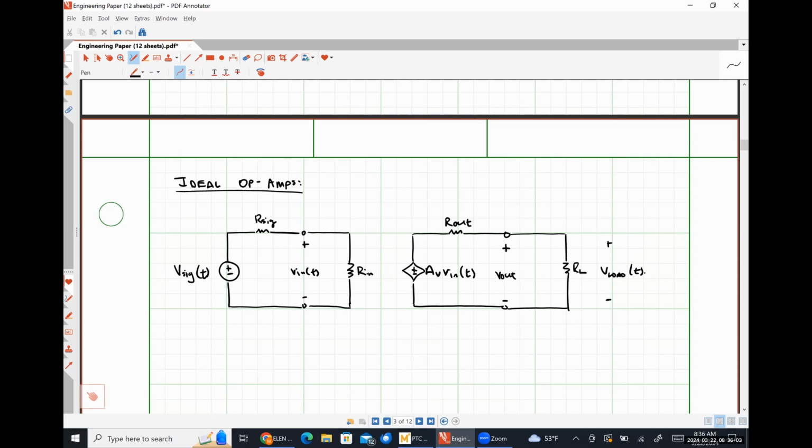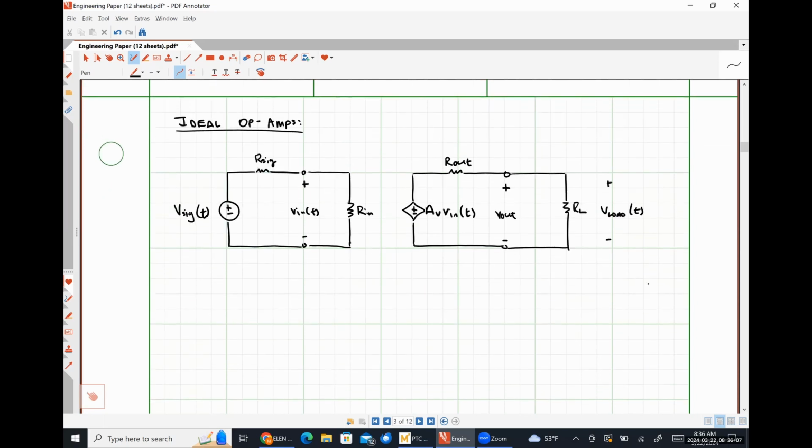And I believe I told you guys that ideally we would find that the voltage drop across our load is simply the voltage gain of our system times our signal voltage. I'm gonna make a little change here.